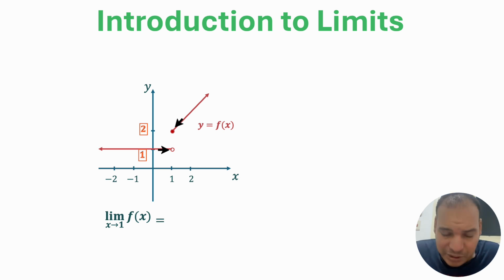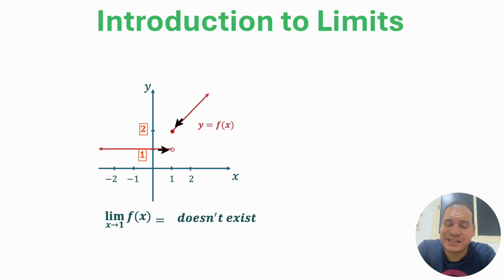The approaching principle gives us two different values, so this means that the function doesn't have a limit. The limit doesn't exist. The limit exists only and only if it reaches the same y value using the approaching principle.